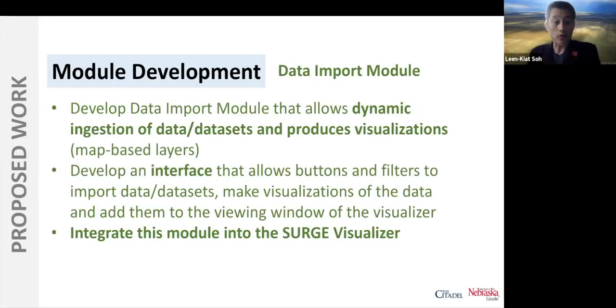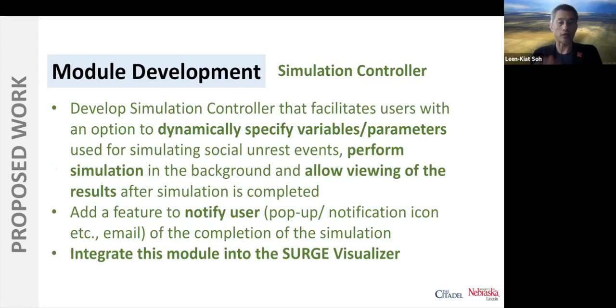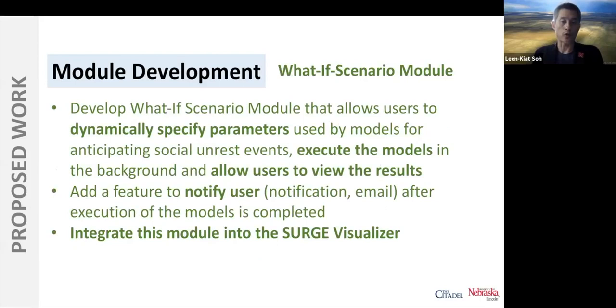On the other hand, we also want new import modules to automatically import more data directly into the platform. We want a simulation controller to dynamically specify variables and parameters, for example, to do on-demand simulation. We also want a what-if scenario projection module that allows users to tweak certain parameters and see what patterns emerge at the end of the simulation.